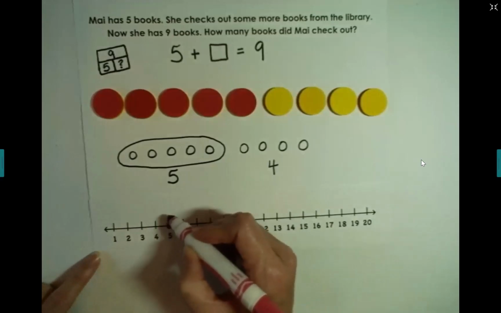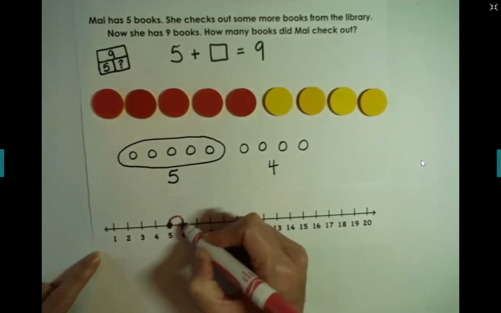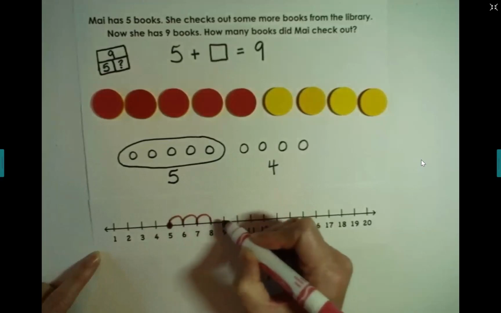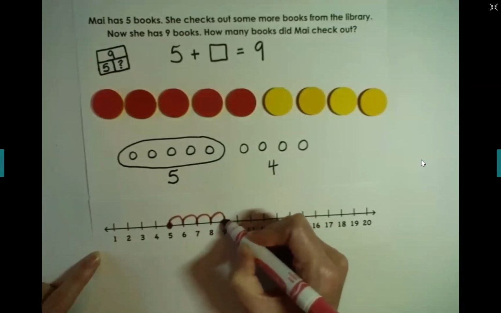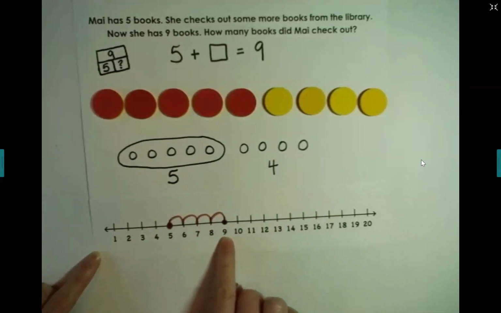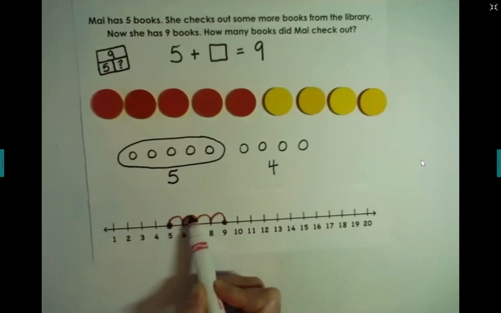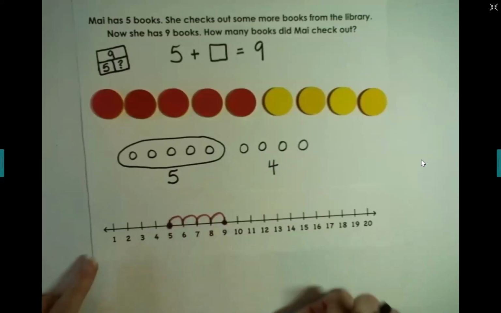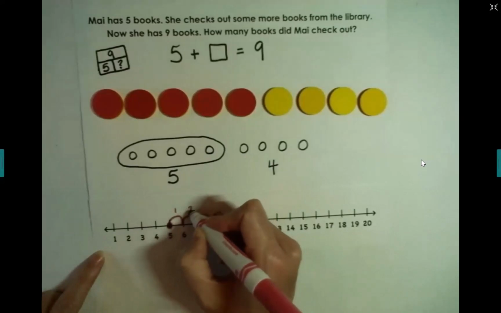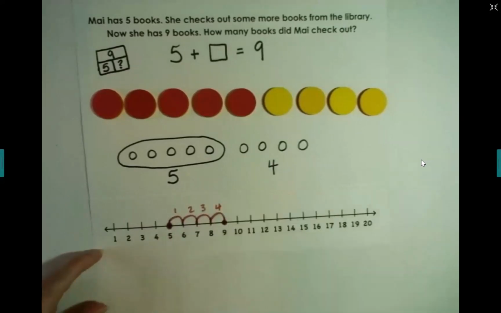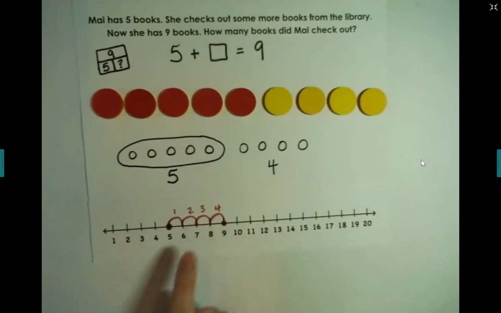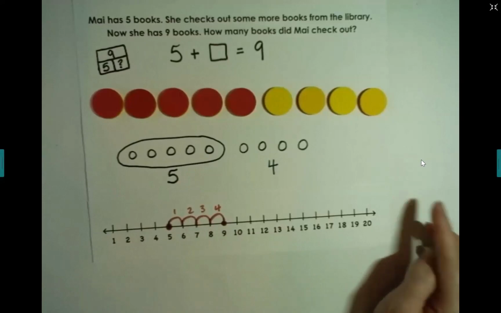So I can start at 5 and count up to 6, 7, 8, and 9. I'll stop at 9 because that's my total amount, my whole amount. And I can see that I needed to make 1, 2, 3, 4 hops, right? Could even label these on top of the hops to see, oh, how many books did May check out from the library? She checked out 4 more books.